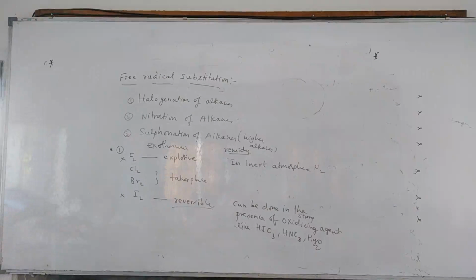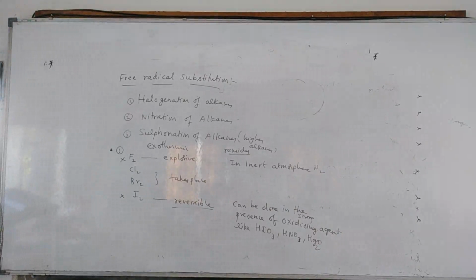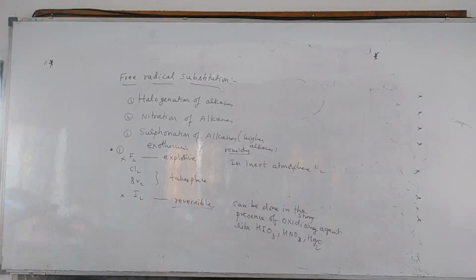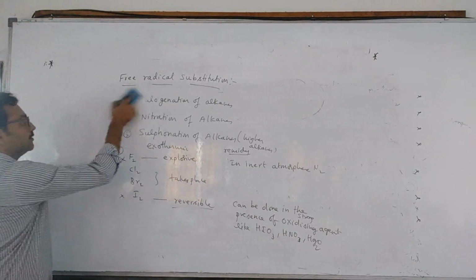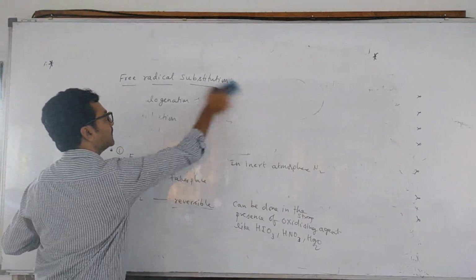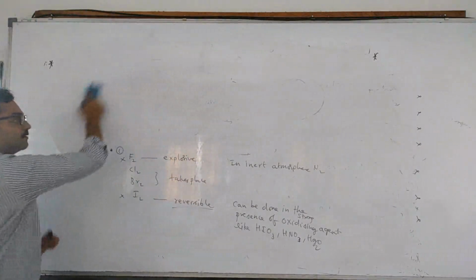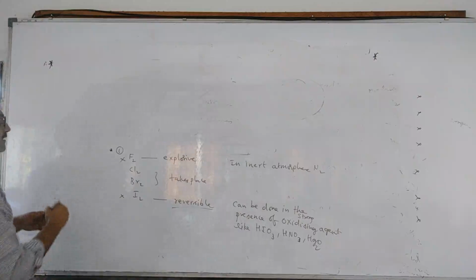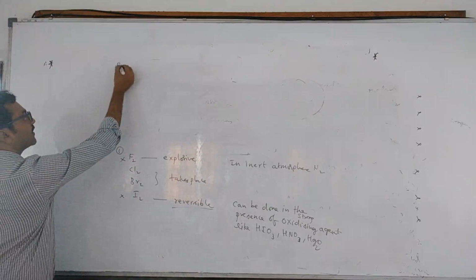Some more points, please. Not teaching any mechanism, just main points only. Next, what is the reactivity of halogen, children?